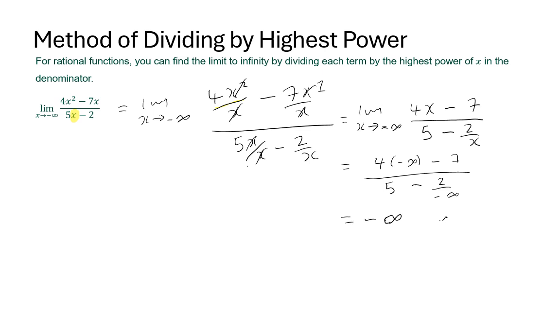Something divided by minus infinity is 0, so we're left with minus infinity minus 7, which is just minus infinity, divided by 5. Minus infinity over anything is just minus infinity. So our limit is minus infinity.